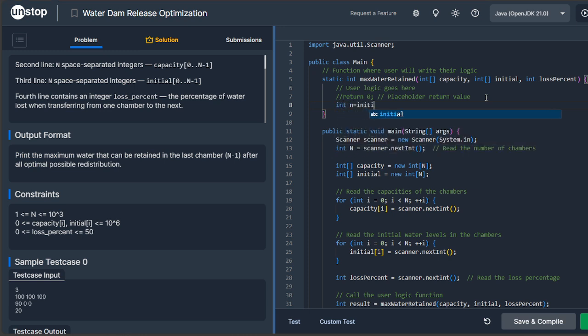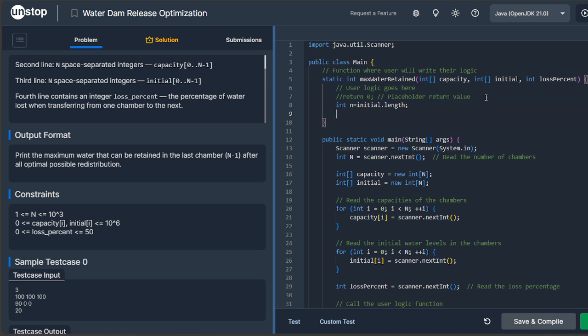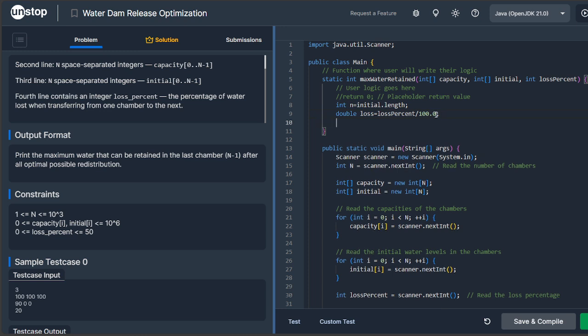So initial dot length, and we need to find the loss. For that purpose, I will take double loss is equal to loss percent divided by 100.0. We need to keep the .0 to convert it into a fraction, right?